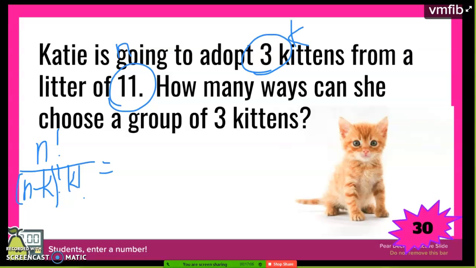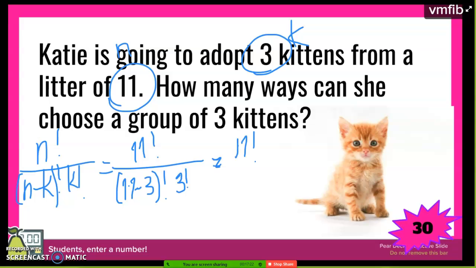So 11 factorial divided by 11 minus 3 factorial, which is the same as 11 factorial divided by 8 factorial, 3 factorial. Be careful if you're putting this into a calculator, if you're not using a fraction, if you're using the division bar, put this in parentheses, otherwise order of operation is going to mess your answer up. You should get an answer of 165. She can adopt 3 kittens out of the litter of 11, 165 different ways.